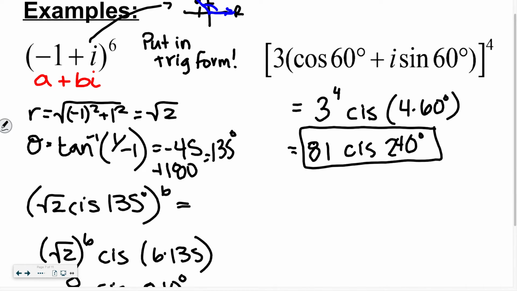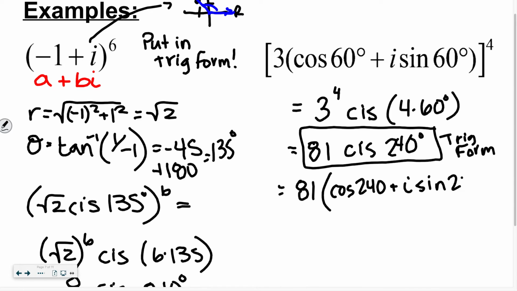I don't have to adjust that angle because it's already between 0 and 360. And if you want to change this into standard form, I just think about it like this. It's 81 times, and then I'm going to re-expand this cis form. So cosine 240 plus i times sine 240.